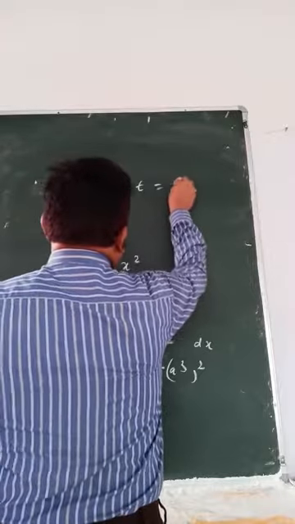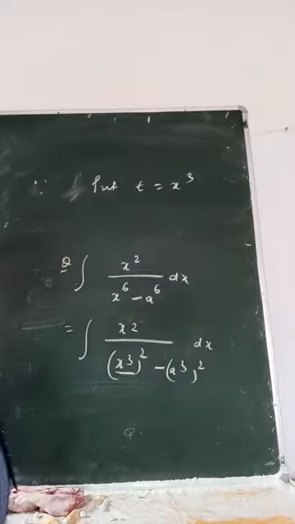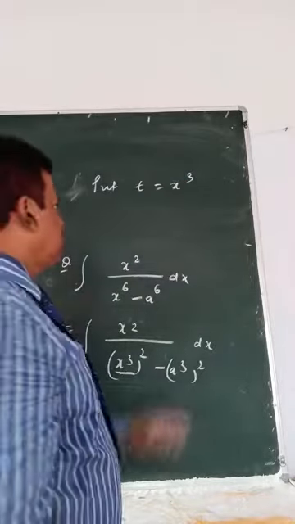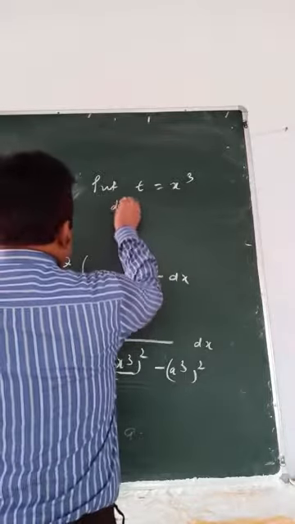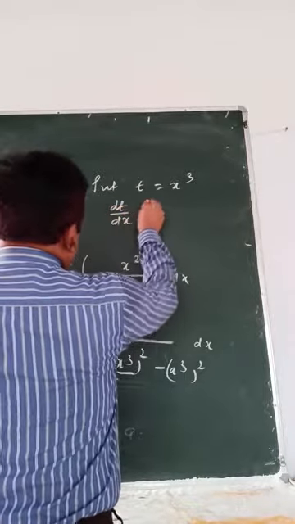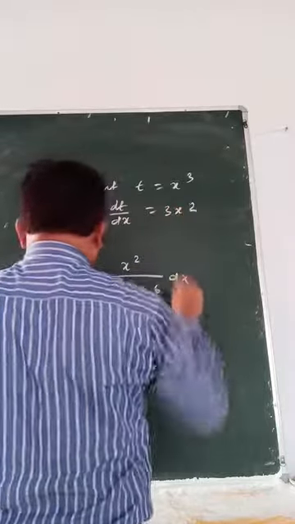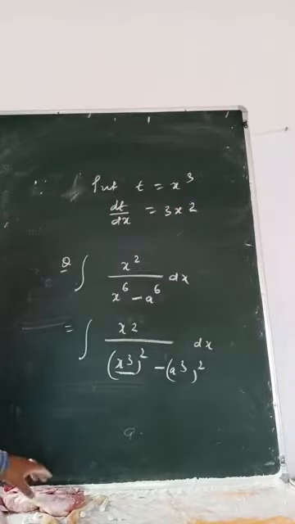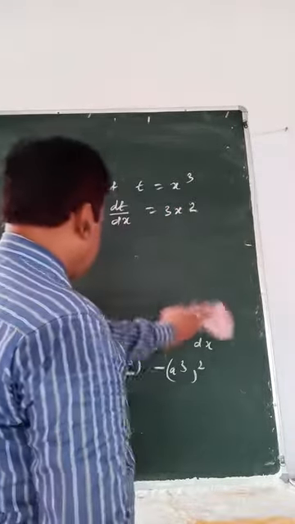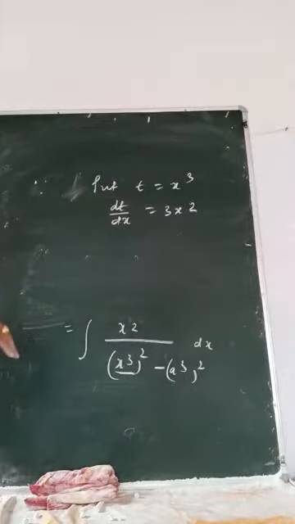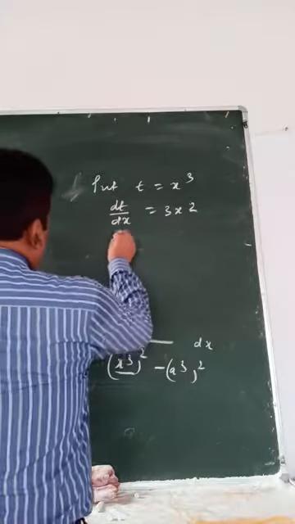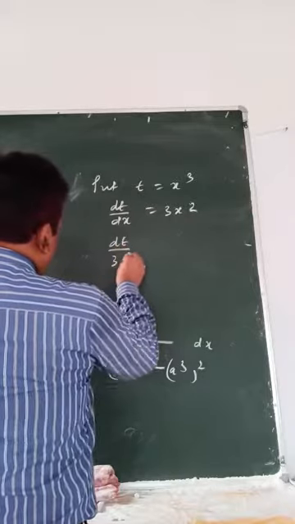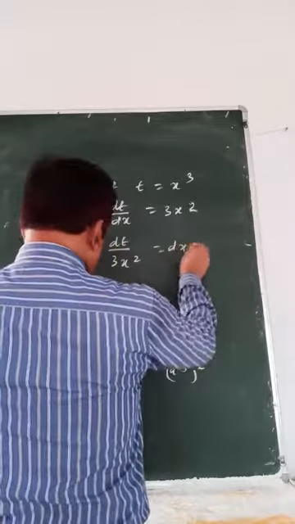t equals x cube. So dt by dx is 3x square, so dt by 3x square equals dx.